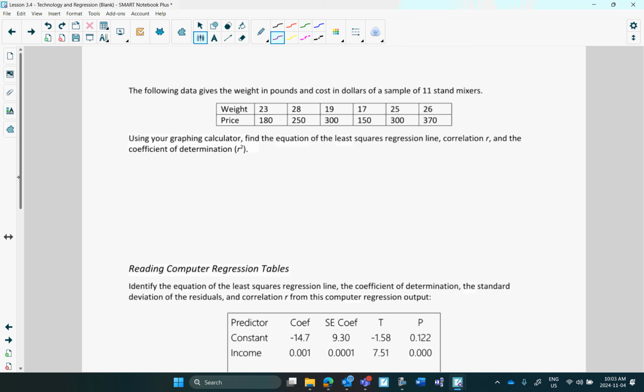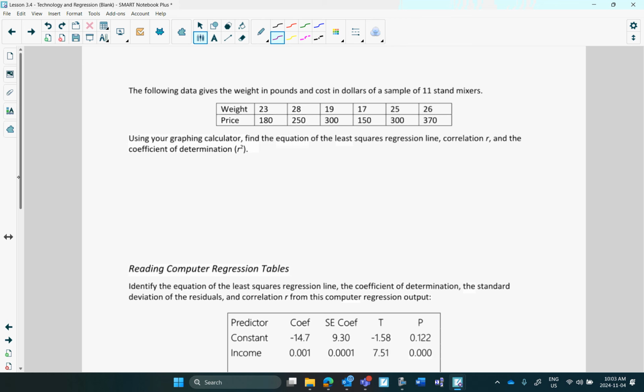So, do you remember how to get to entering a list? Stat. And then it'll say Edit highlighted, and you should have your list columns. If you need to clear your list columns, scroll up to L1, hit clear and enter, and it will clear all the data for you.